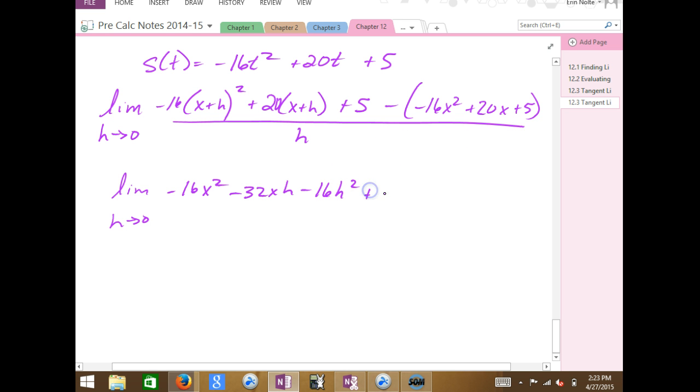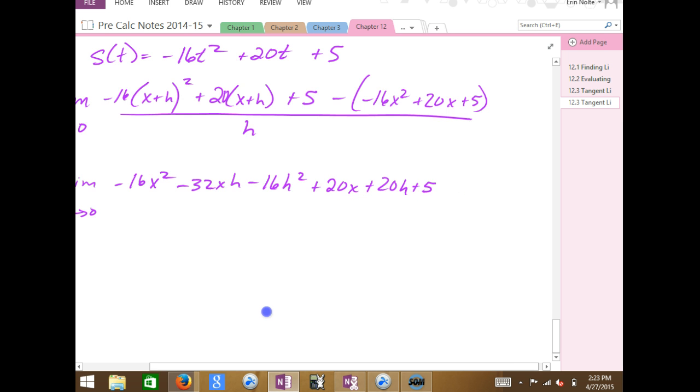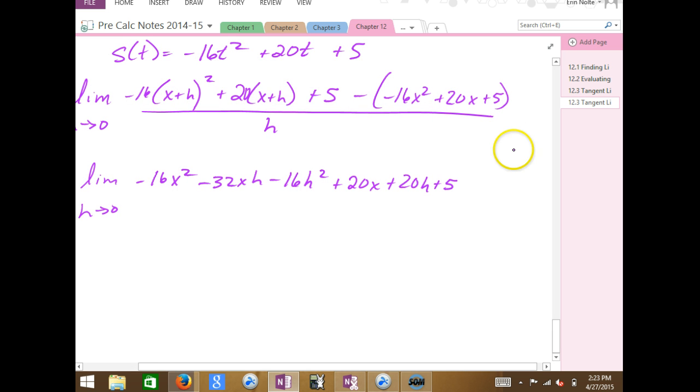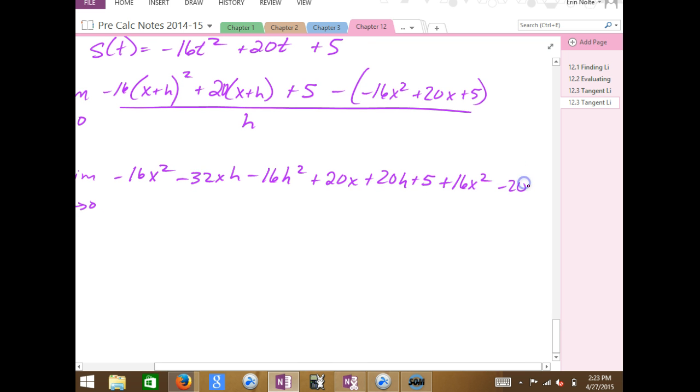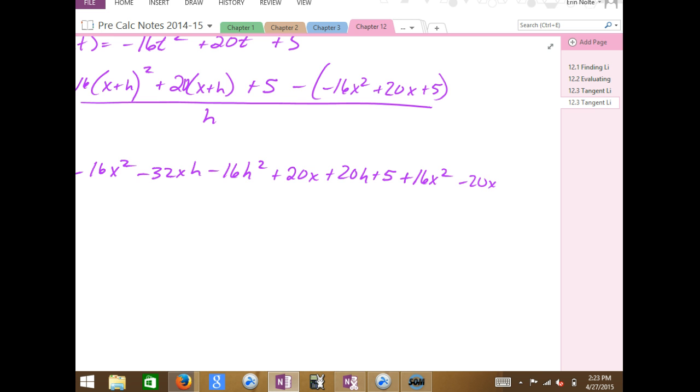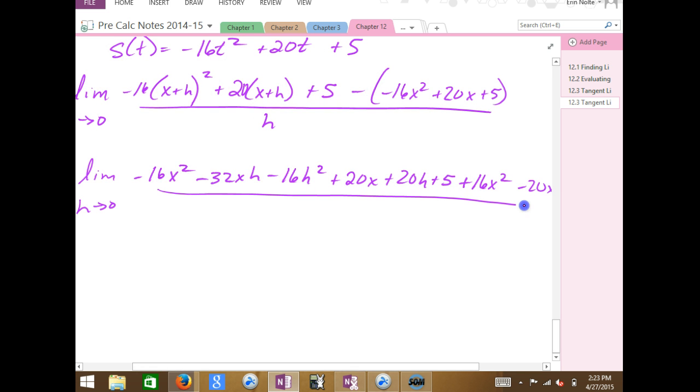And then I'm distributing the 20, so 20x plus 20h plus 5. And if I distribute the negative through the second quantity, I would have plus 16x squared, minus 20x, minus 5. Spectacular. That's pretty good, right?